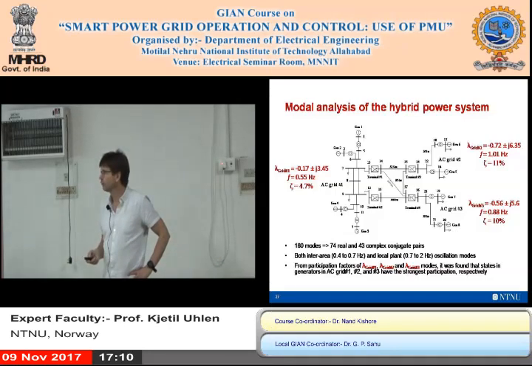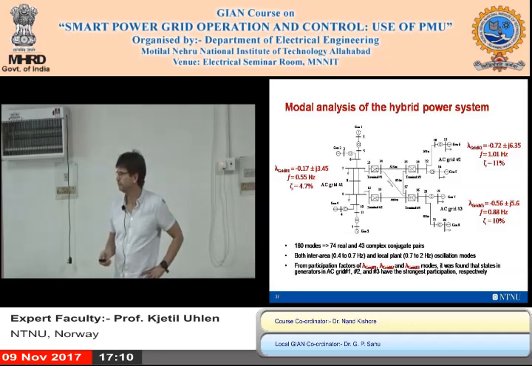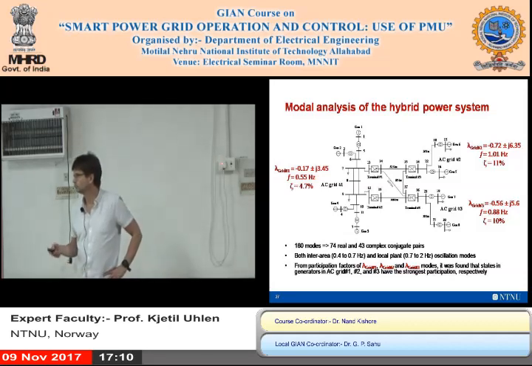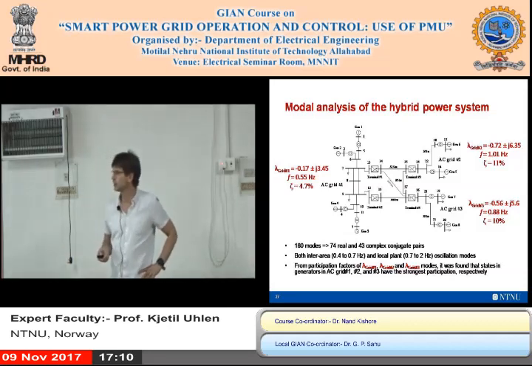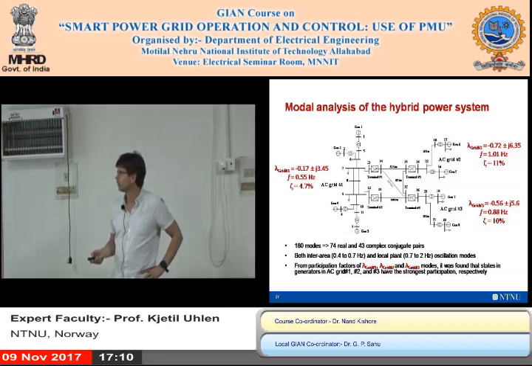So how can we start this analysis? Well, first you could analyze the system when it's decoupled. You could disconnect the DC grid totally and analyze this by itself. Then we'll find, well, very much what you have seen before here.